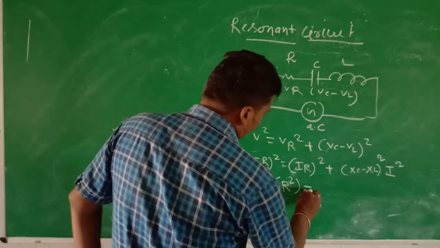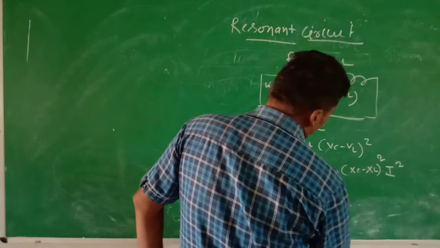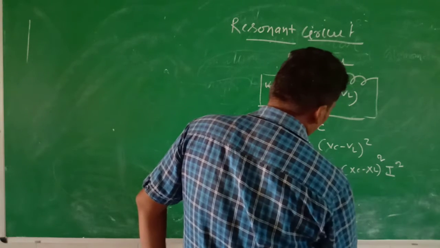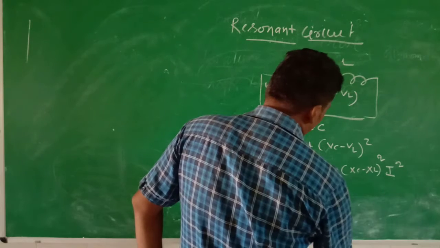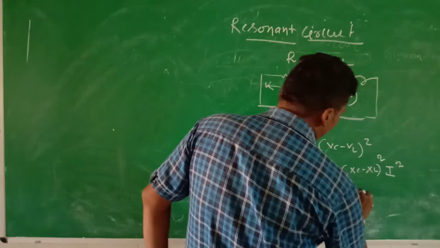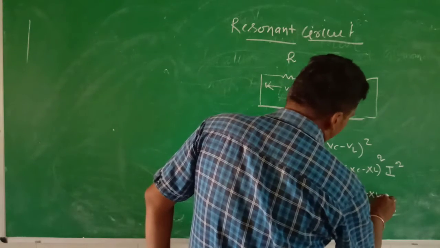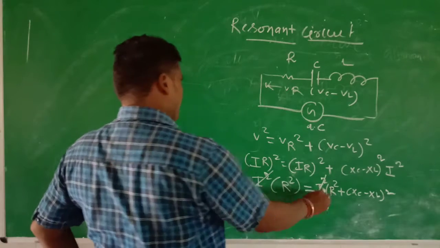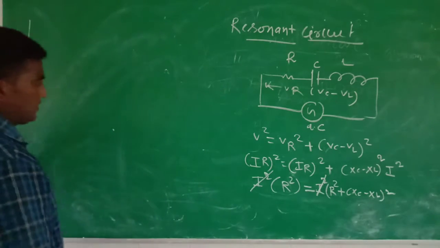R square, I square. I square common. Now R square plus (XC minus XL) whole square. I square is taken from LHS to RHS.